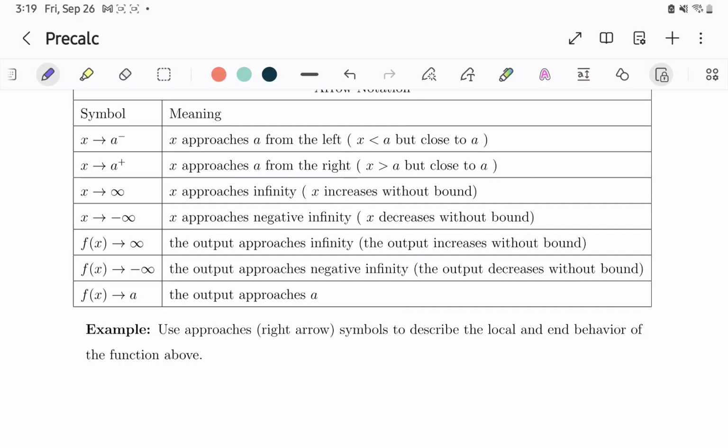So in this next example, we want to use approach arrows to describe the local and end behavior of the function above.